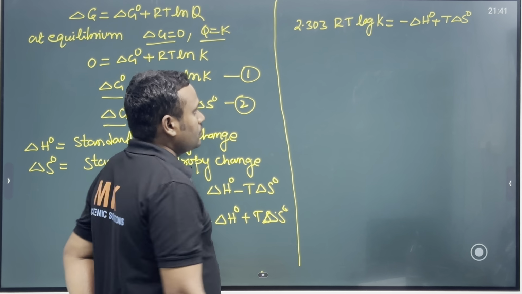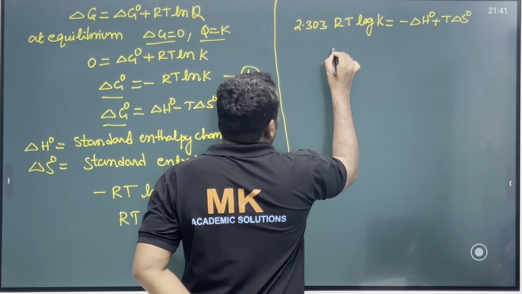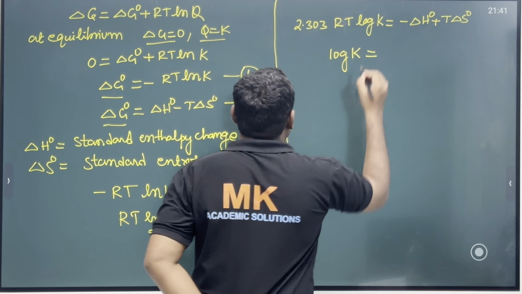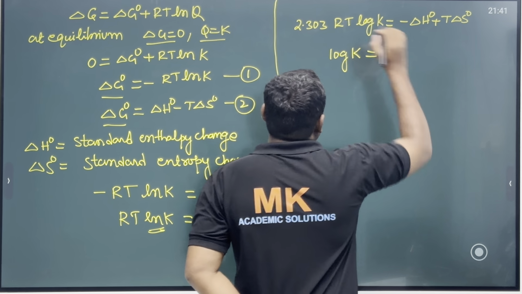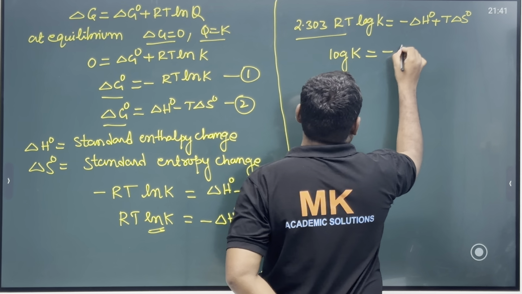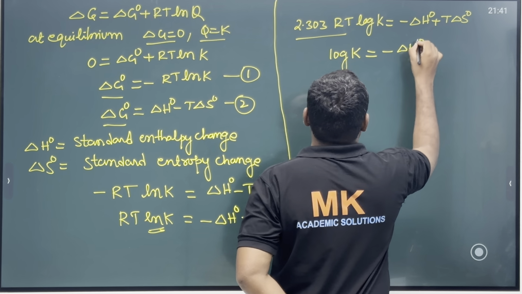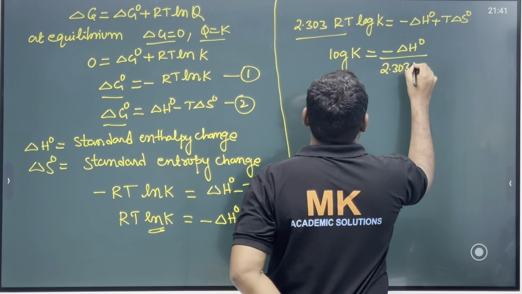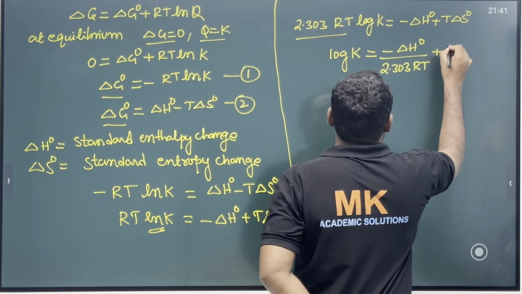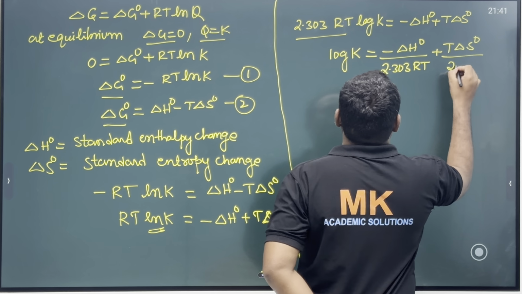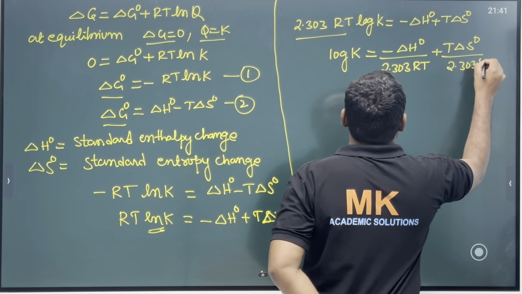Now log K is equal to, you send these total terms that side, therefore minus delta H naught by 2.303 RT plus T delta S naught by 2.303 RT.